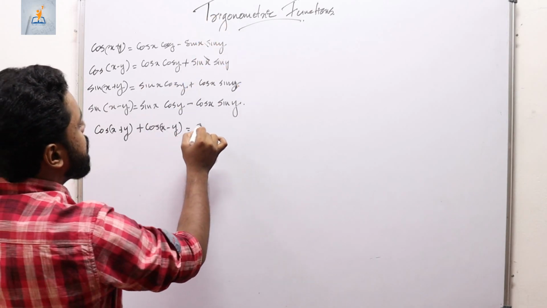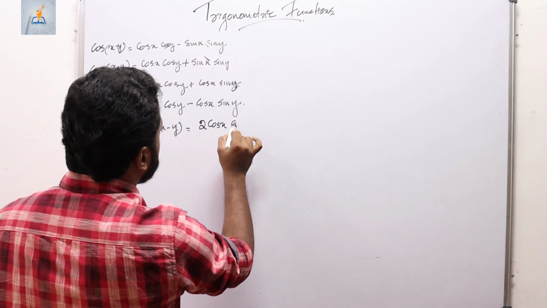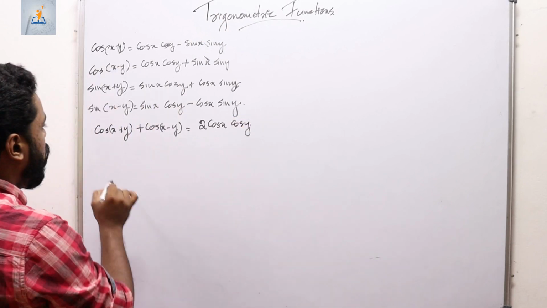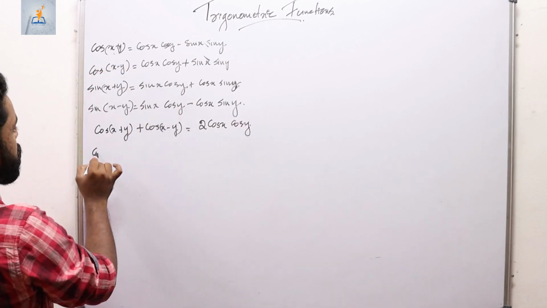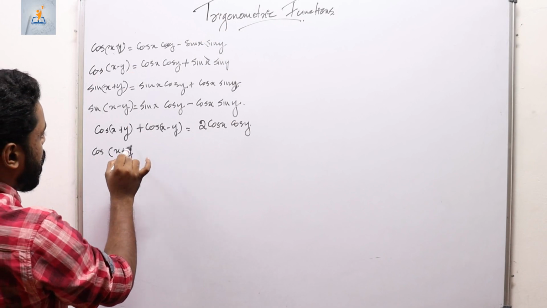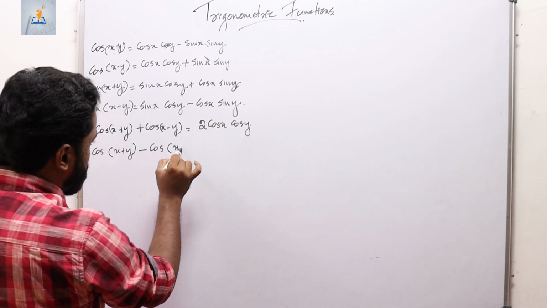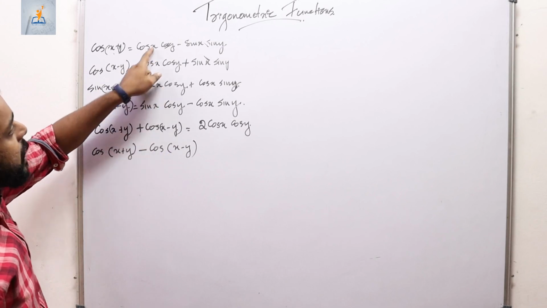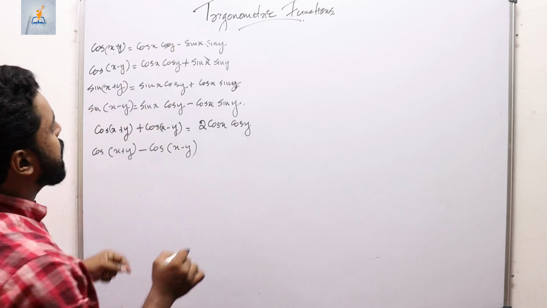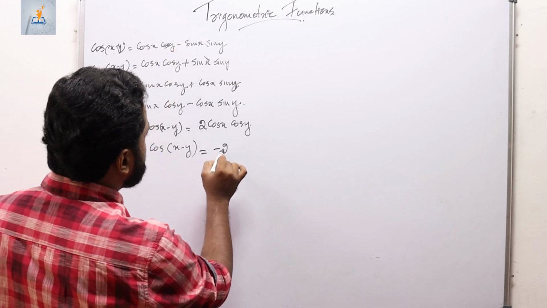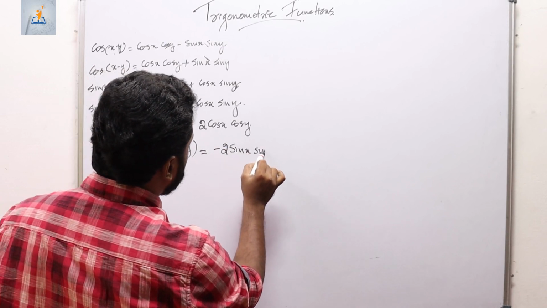So what we get is 2 cos x cos y, isn't it? Now let me subtract, cos x plus y minus cos x minus y. Then these are the terms which cancel, and what we get is equal to minus 2 sin x sin y, isn't it?